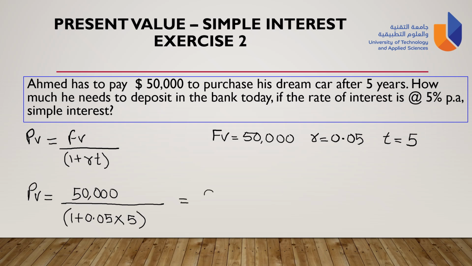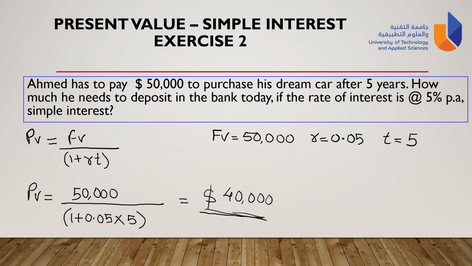So what will be my answer? My answer will be $40,000. So if Ahmed wants to buy his dream car after 5 years, for which he needs $50,000, then today he should deposit $40,000 in the bank for 5 years.